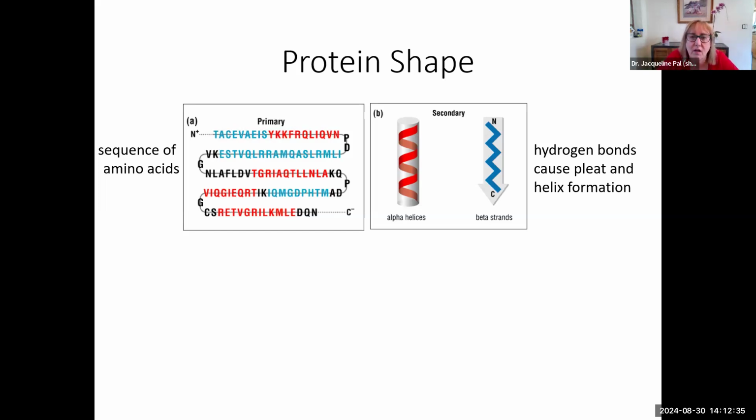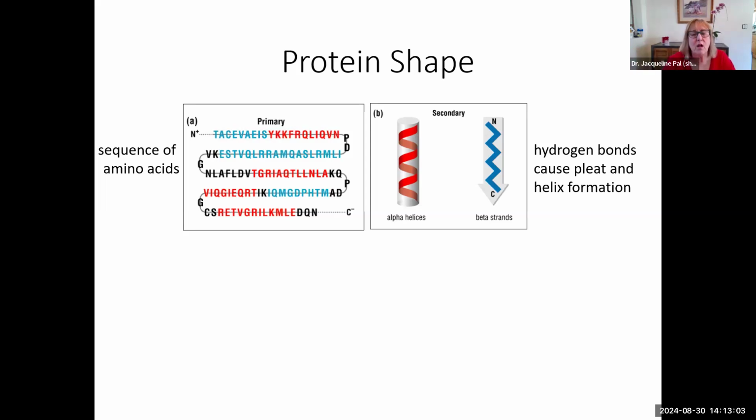You don't have to learn them as alpha helices and beta strands, but basically you're going to get a swirl or helix and a pleat. Here they're shown as red swirls and then purple pleats in the structure. So that whole sequence has now gotten shorter because of the swirling and the pleating.